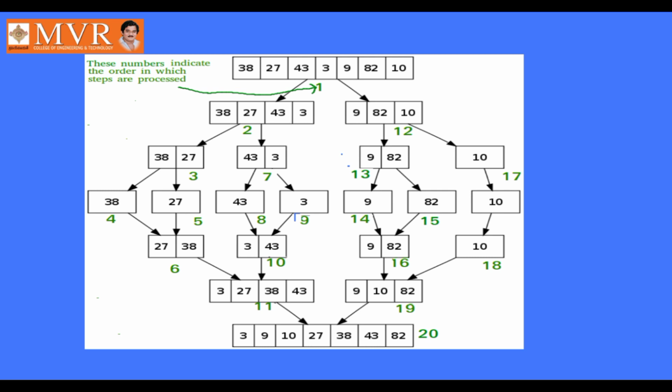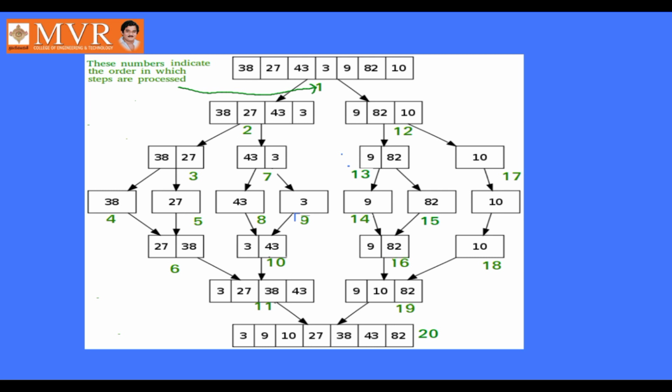After that, again I calculate the mid value. For the left sublist I will calculate the mid value separately, and for the right sublist I will calculate the mid value separately. In the second step I will again calculate the mid value and divide the list into equal parts, and in the third step again I will be dividing 38 and 27 into two halves, that is 38, 27, and 43, 3 I will also subdivide into two halves, that is 43 and 3.